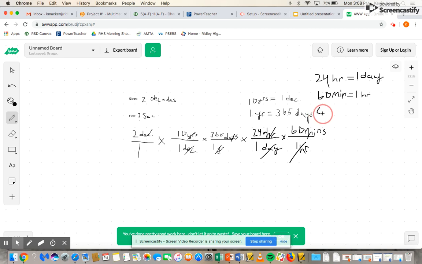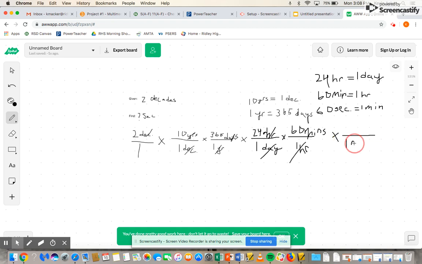And last but not least, we know that there are 60 seconds in a minute. And this finally gets us down to that desired unit, right? We're finally down to our seconds. So the last thing we need to do is set this up once again so that minutes cancel out.